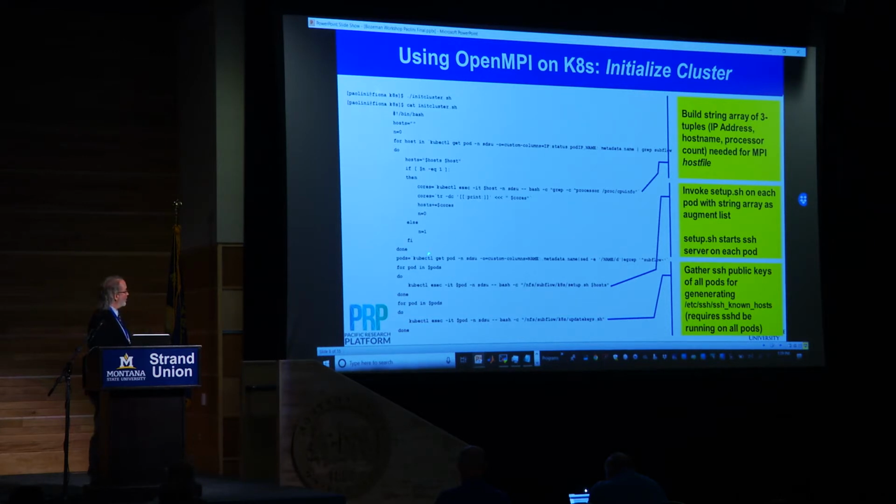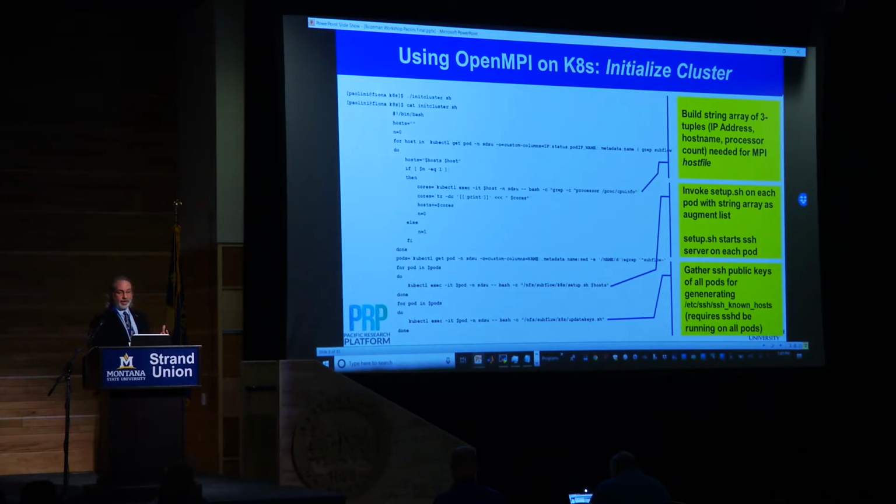Then the next thing we do is we iterate again over all the pods. And this is going to run on each pod another script I wrote called setup.sh, and it's going to take that 3-tuple array as an argument, and it's going to install packages we need on every pod and configure the client and server SSH and SSHD config files for key-based passwordless authentication.